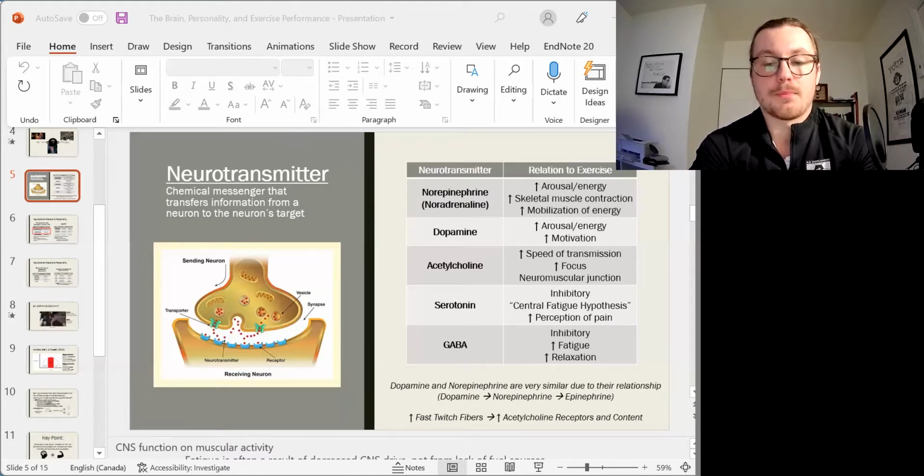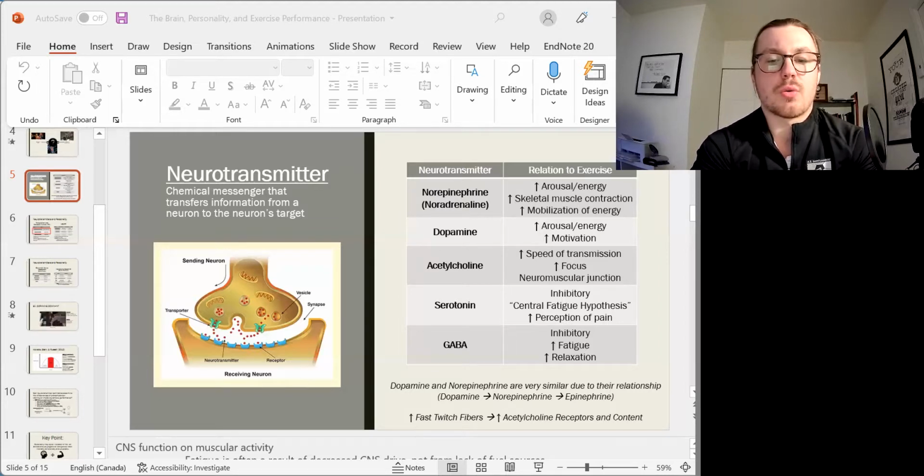Serotonin is an inhibitory neurotransmitter, but the way that I view serotonin is more as a modulator. I believe Christian used this example as well in his neurotyping course, but serotonin is like a dimmer.